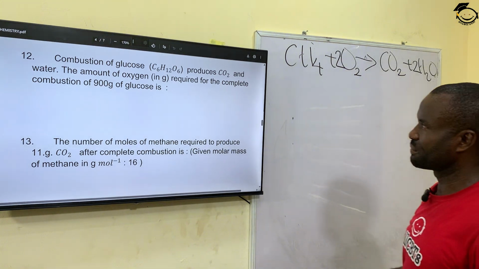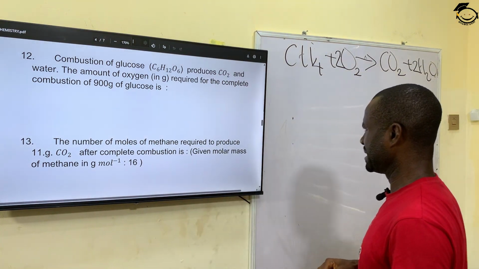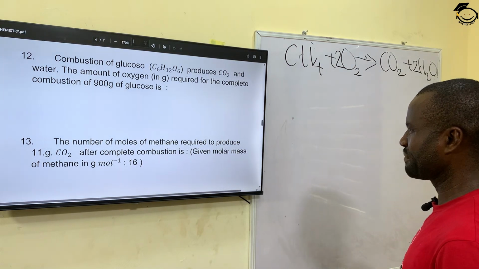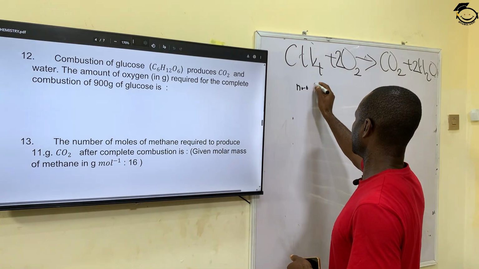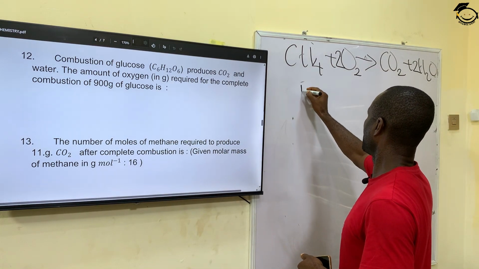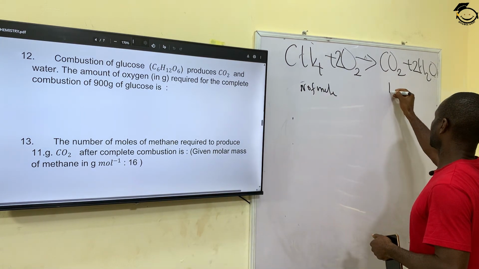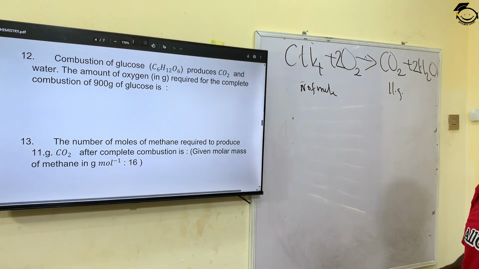But the question says we should calculate the number of mole of methane required to produce 11 grams of this. We're looking for the number of mole of methane that will give 11 grams of CO2.